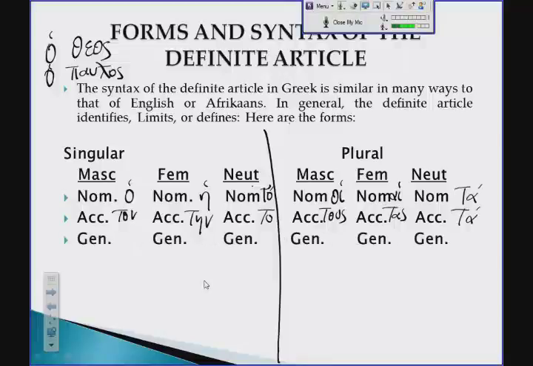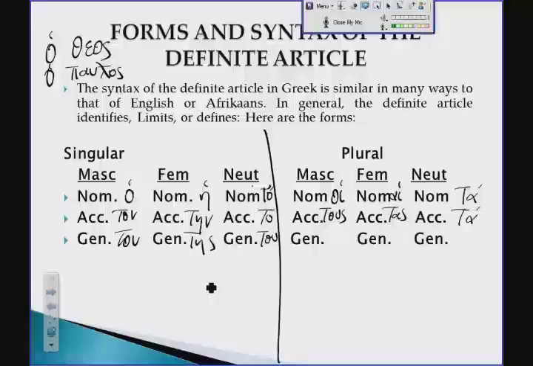And then the genitive you can fill in, and then you have the tou. In the feminine, what do you have? Tes. In the neuter, tou. It's just like your masculine.